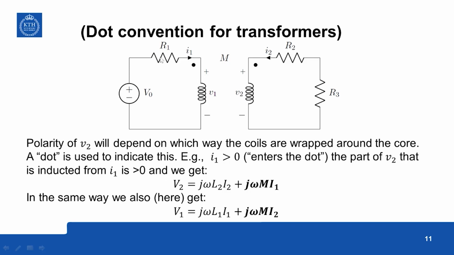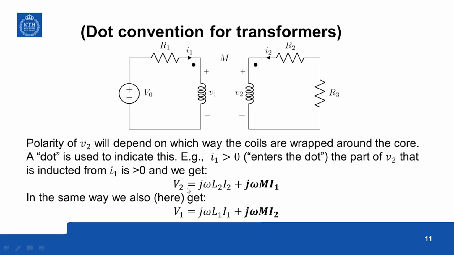Suppose you have a dot here and the current is entering, and a dot here and current is entering over there. This is the sign convention, positive V1, positive V2. So a positive current is entering the dot.